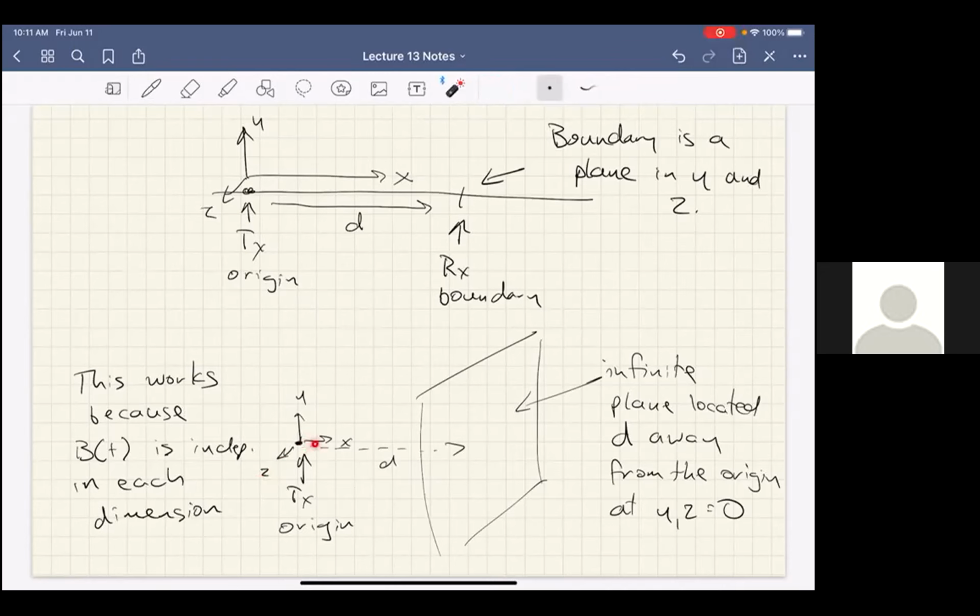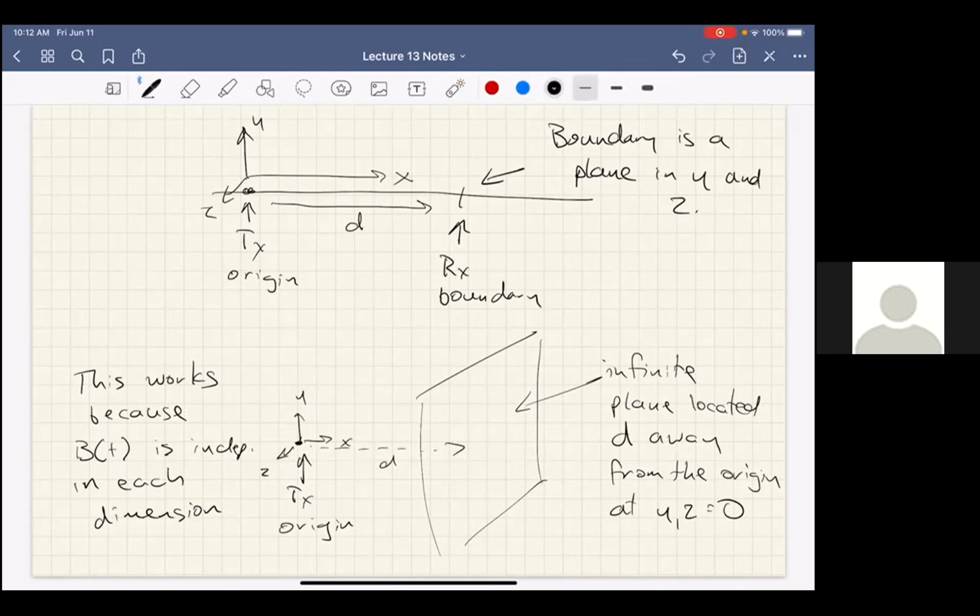So I can extract the x component of the motion, and everything in y and z is the same. Okay, so that's just a way to visualize how things work in higher dimensions. So in other words, our results that we originally applied to 1 dimension still work in 3 dimensions.